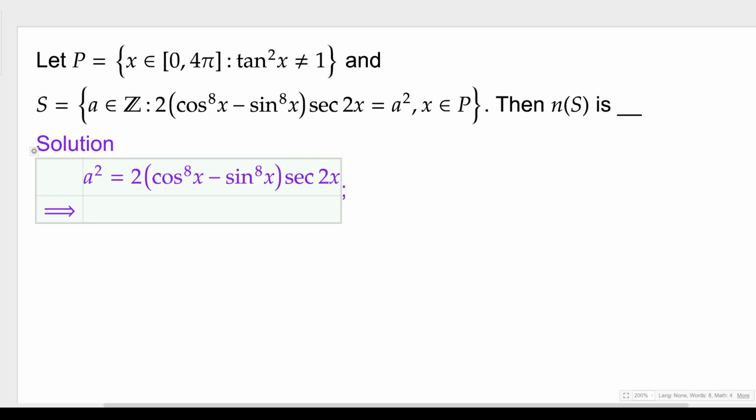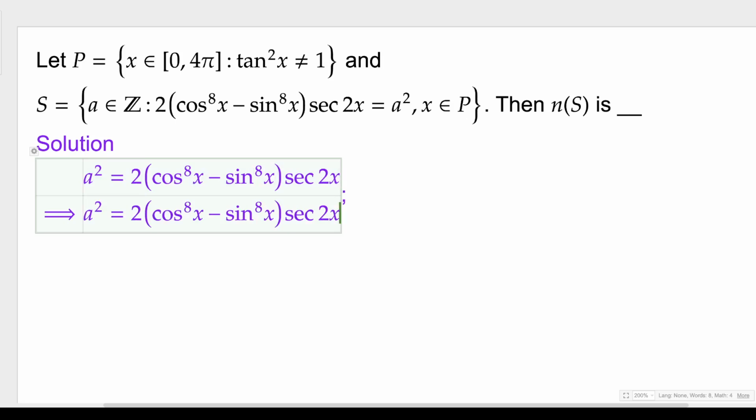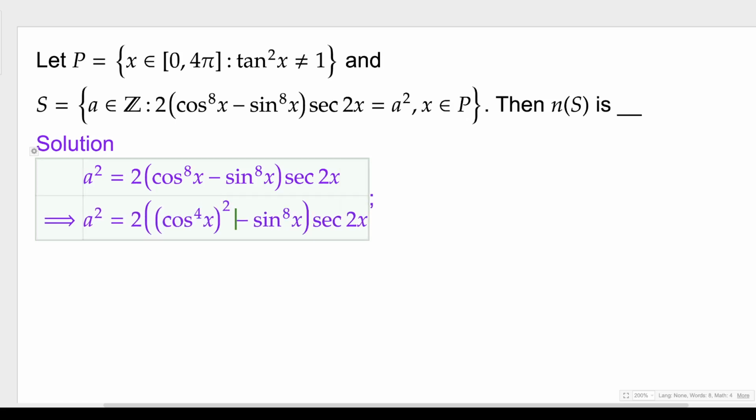Now proceeding ahead, this implies, now this cos x power 8, I'll take the power 4 and outside this I'll be writing 2, and the same thing I'm going to do for sine as well. So sine of x power 4, and this will be squared.